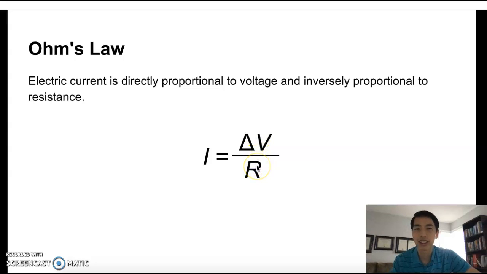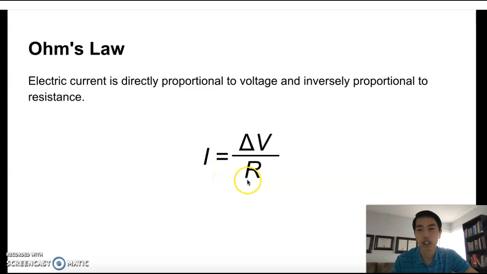Your resistance is decided by the components you plug in, a 10 ohm light bulb versus a 20 ohm light bulb. So you can choose these two to put into your circuit. And then when you divide the voltage by the resistance, whatever that equals is going to be your current. And that's how these three electrical quantities are related to each other.